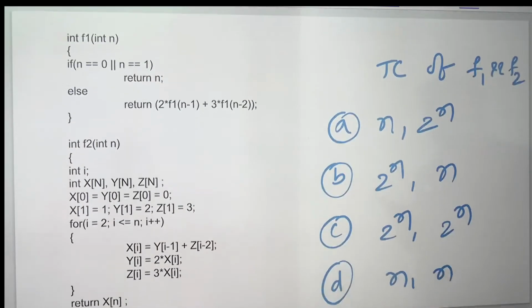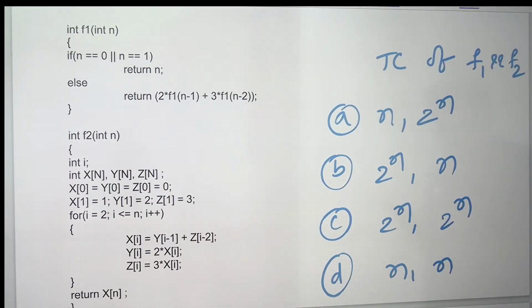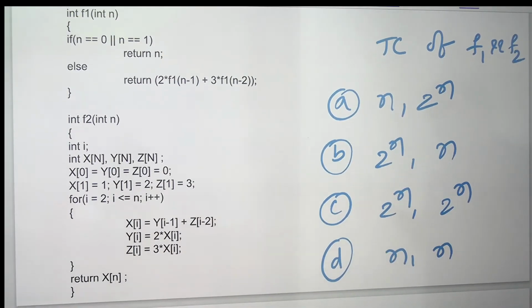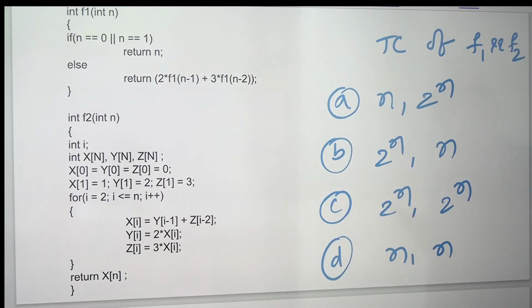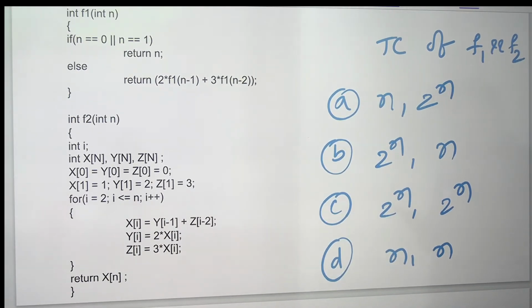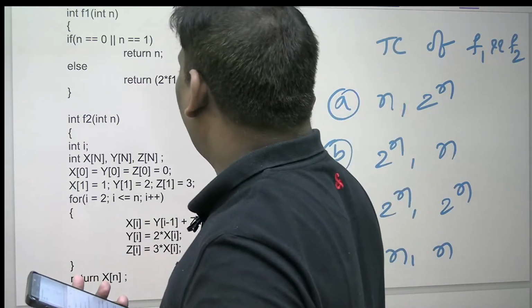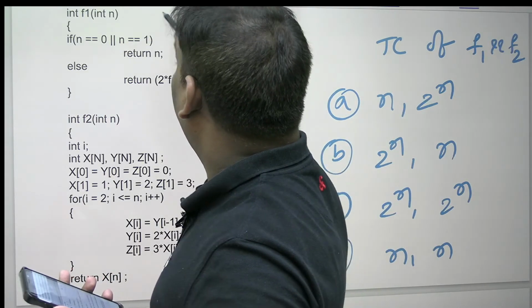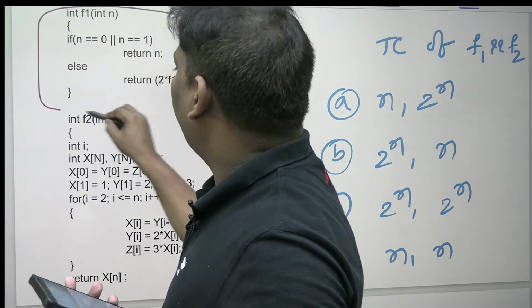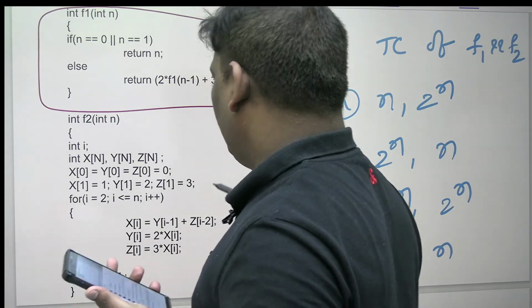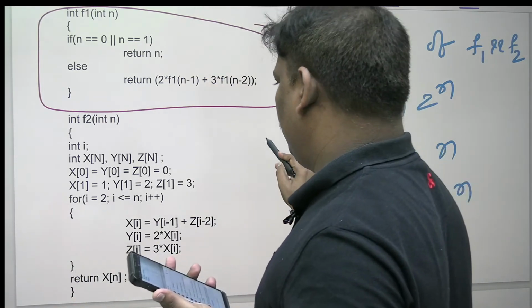Can you help me? What is the time complexity of this program? Two programs are given, this is one program and this is another program.